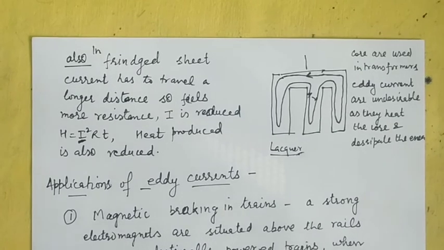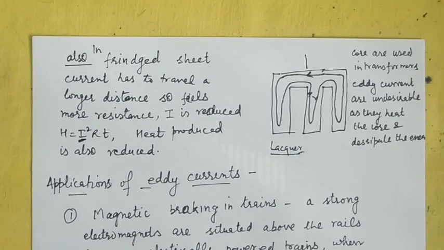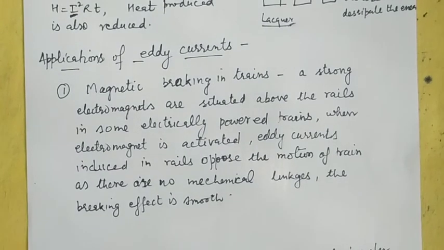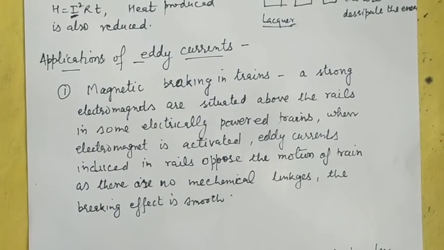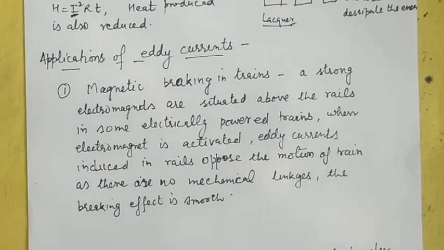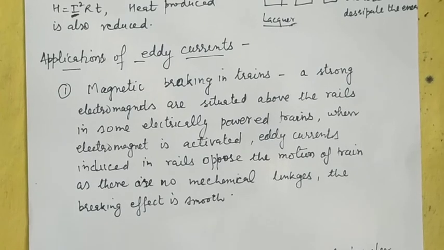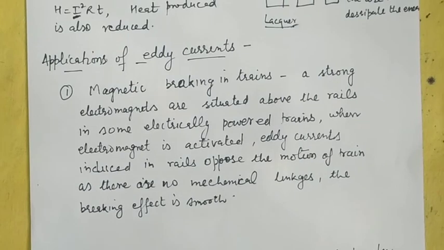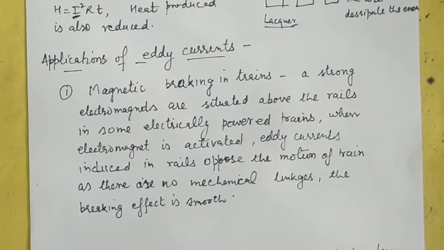Now let us discuss the applications of eddy currents. Our first application is magnetic brakes in a train. In trains which run on electricity, there is an electromagnet placed between the tires.